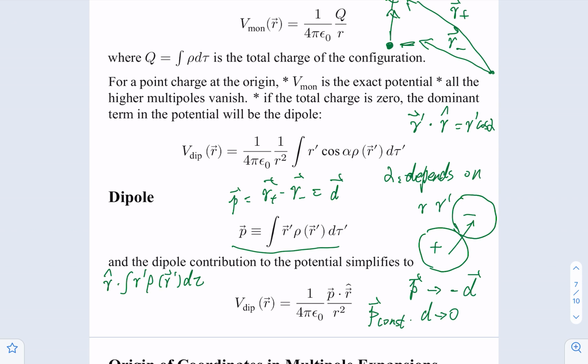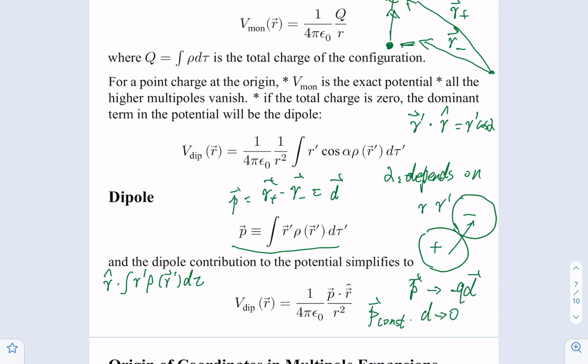However, in this homework, we define the d to be pointing from the positive charge to the negative charge, whereas a more conventional calculation of a dipole moment for this case would be d times q.